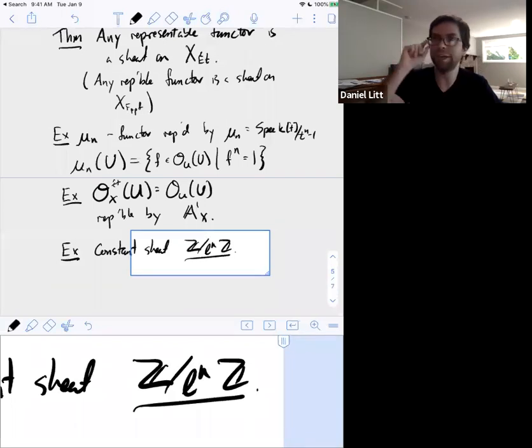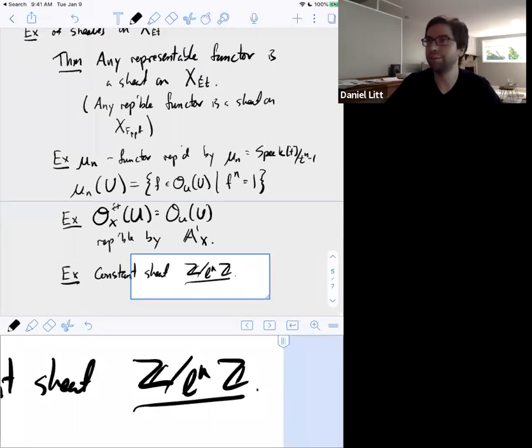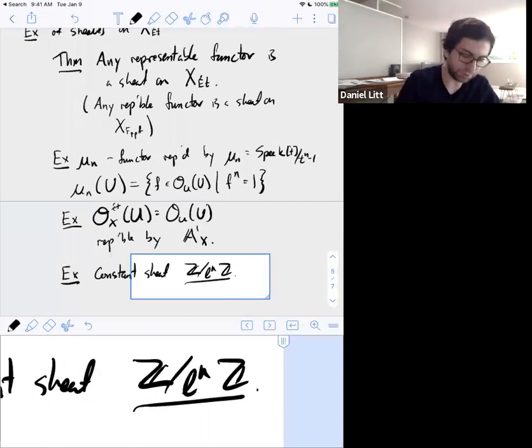So can anyone tell me how to prove this is a sheaf given this theorem, and how to figure out what its values are? So Arvind says it's represented by the constant group scheme, and that's exactly right.